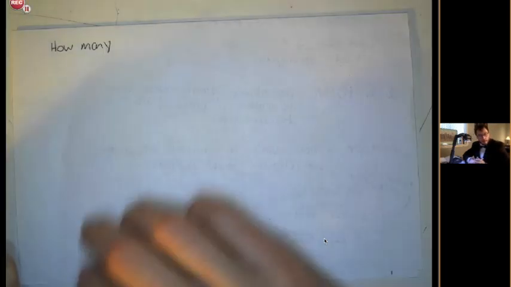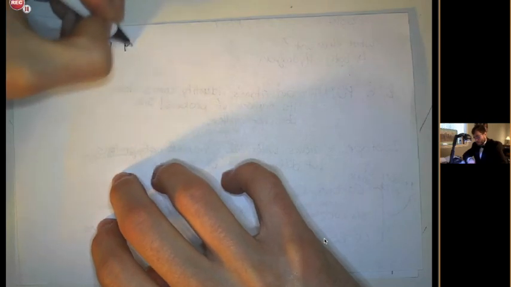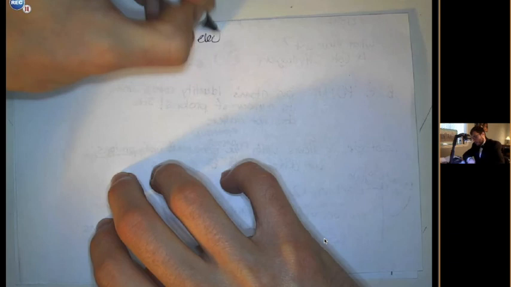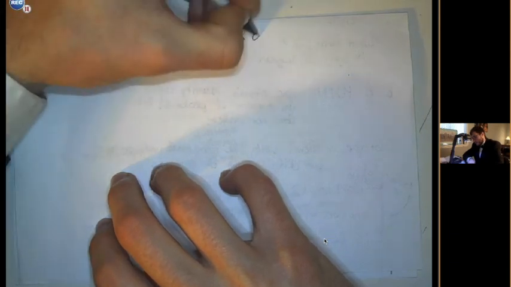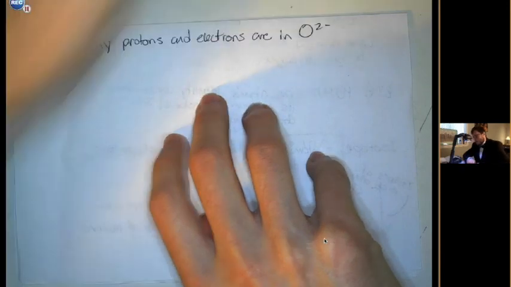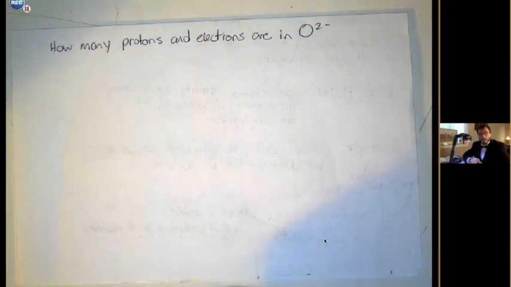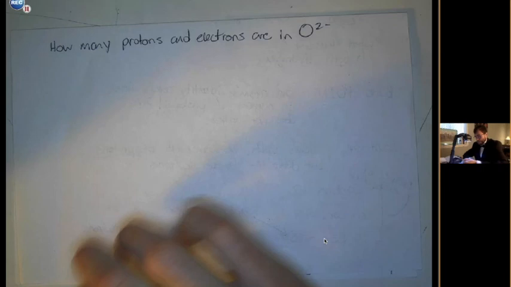All right, so here we go. How many protons and electrons are in O -2? So that's oxygen with a -2 charge.